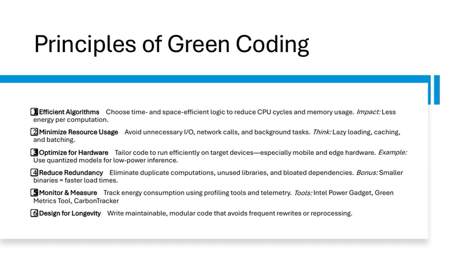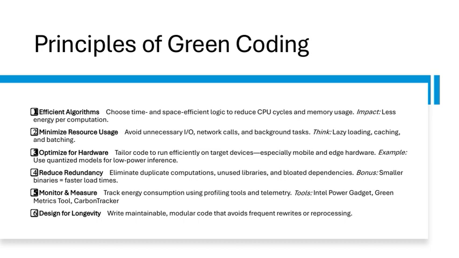Monitoring and measuring energy consumption is another essential principle. Using profiling tools like Intel Power Gadget, Green Metrics Tool, or Carbon Tracker allows you to track how much energy your application uses and identify areas for improvement. Finally, designing for longevity involves writing maintainable and modular code.